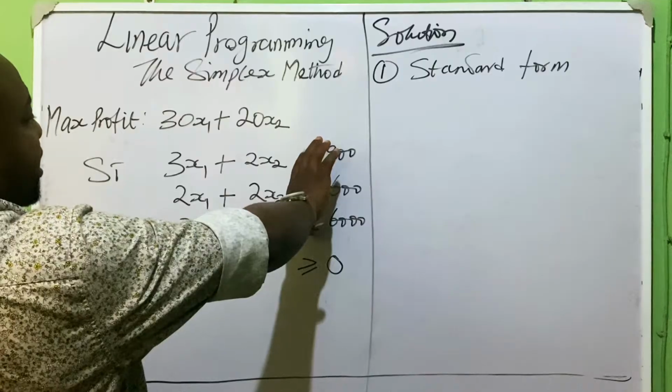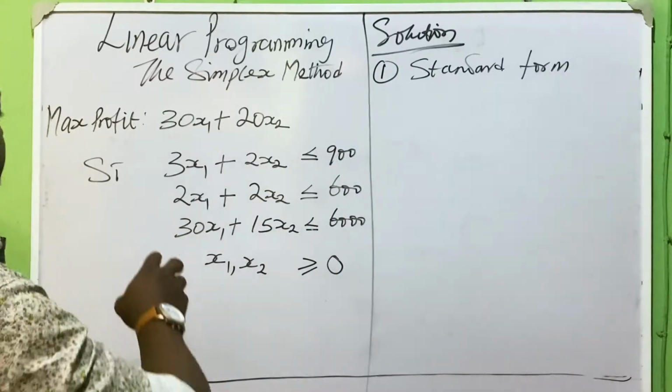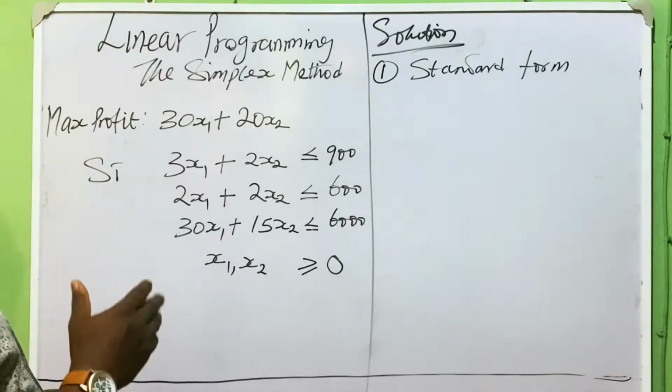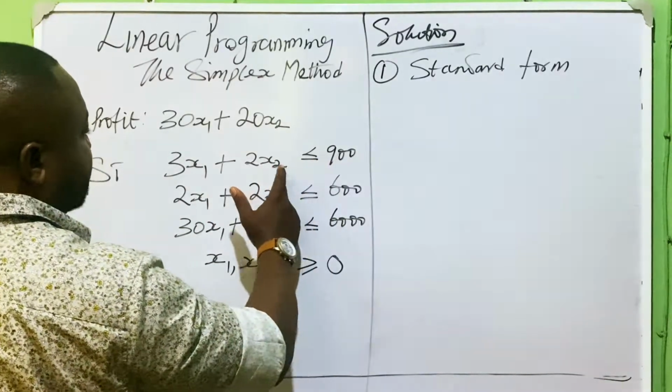Given the fact that we have less than or equal to type inequalities for the three constraints, we'll be finding a way to balance the right hand side and the left hand side.